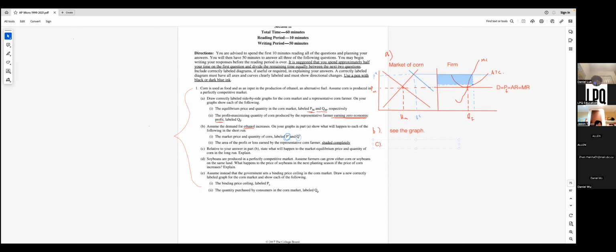So let's do that. If existing firms in the industry can make a profit, new firms will enter into the industry, given no barriers.